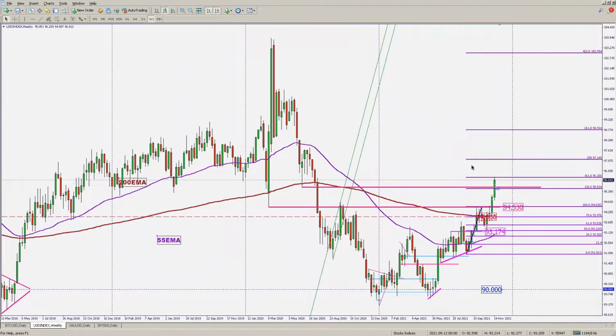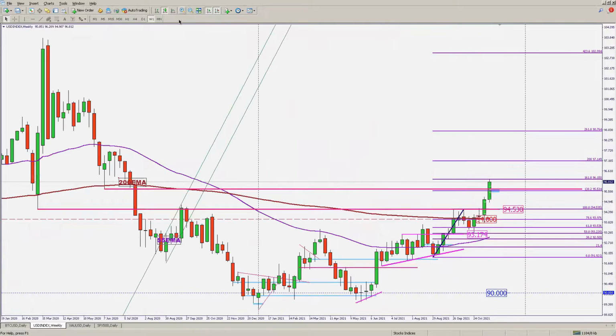Right, so on a weekly time frame, look at that. It's two very strong bullish weeks, breaking through this resistance and hitting the 162 fib exactly.